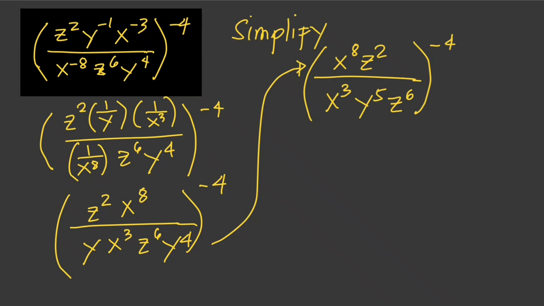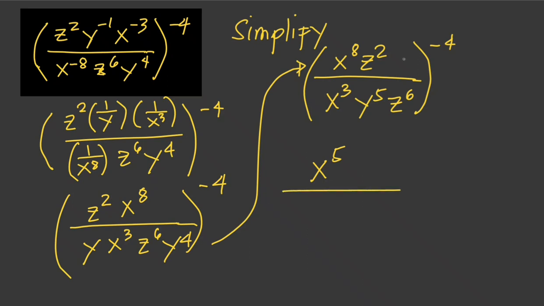Okay, and we can eliminate some exponents in division based on the law of exponents. When we divide terms with the same bases, we just subtract the exponents. So x and x here are like terms, they have the same bases, so we just have to subtract the exponents. So there'll be 8 minus 3 for the exponent of x, so that will be 5.